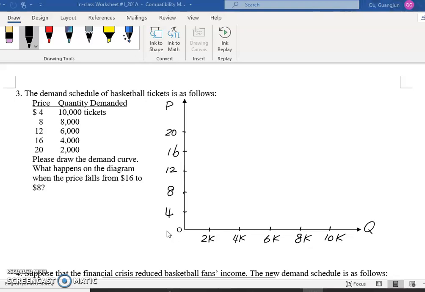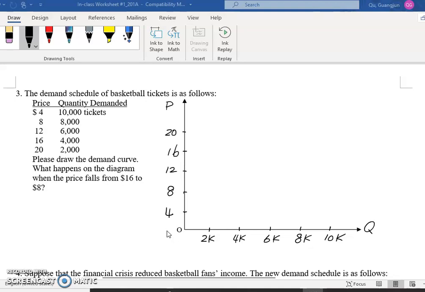You can find 5 different levels of ticket price, as low as $4 per ticket, as high as $20 per ticket. You can also find the corresponding number of tickets demanded by basketball fans at each possible price.